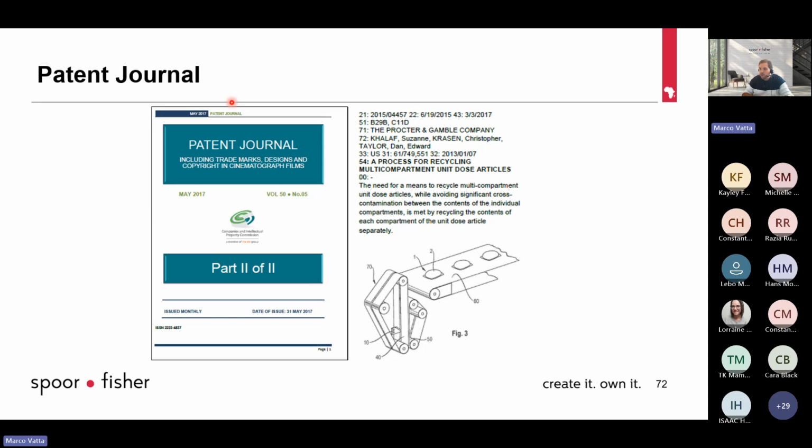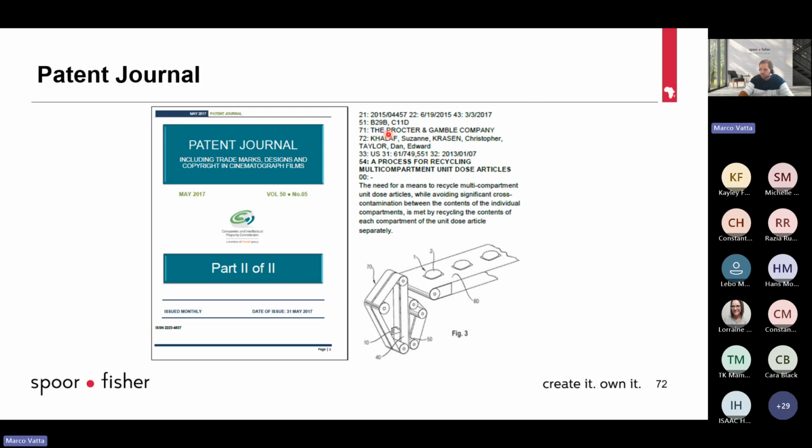Okay, then this is just an example of what the patent journal looks like and what is published in the patent journal. So we've got the cover page of the patent journal. This one's from May 2017. And then the details of the patent itself. So when I refer to the publication of acceptance, it's the publication of this information.